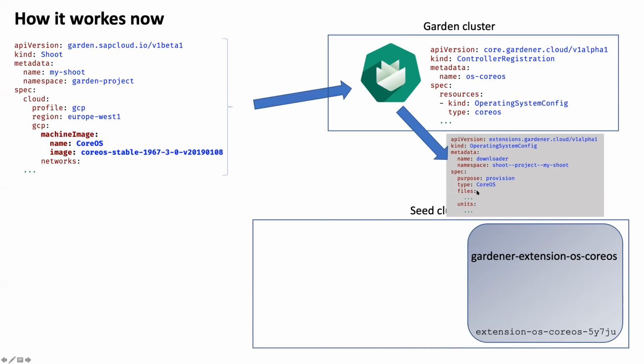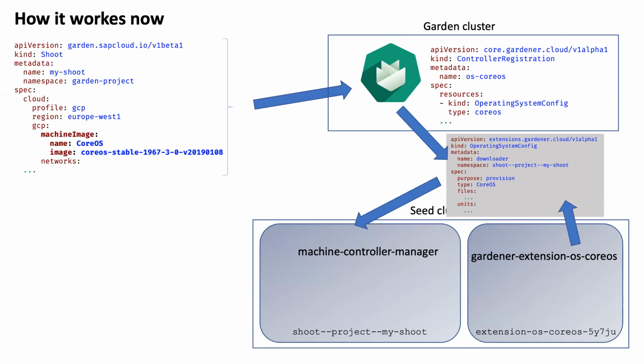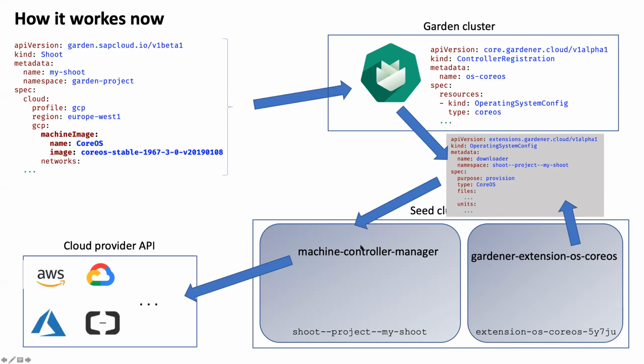This CRD is then observed by this controller. So it watches this, and it has the logic for doing the generation and reports back the config and the status, or however the contract is. Then Gardener reads that and passes it to further components that need it, so the machine controller, which then again uses it for creating the machines.